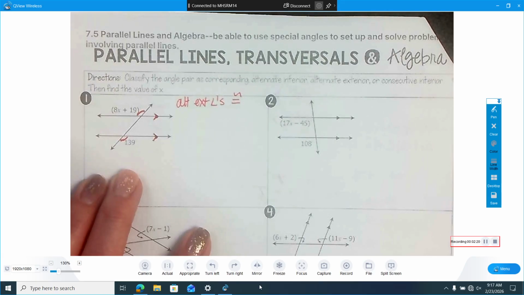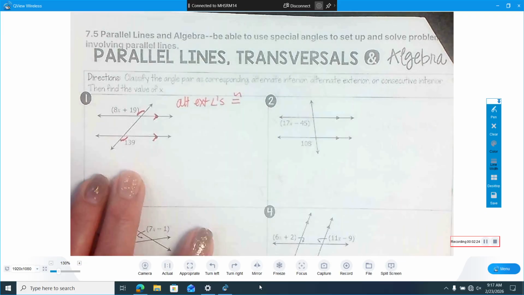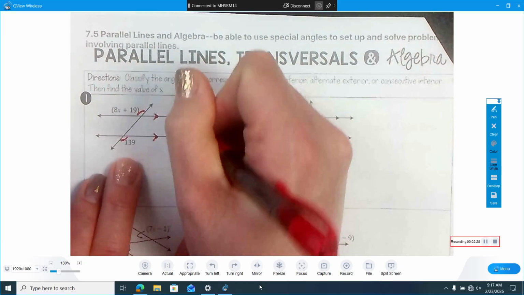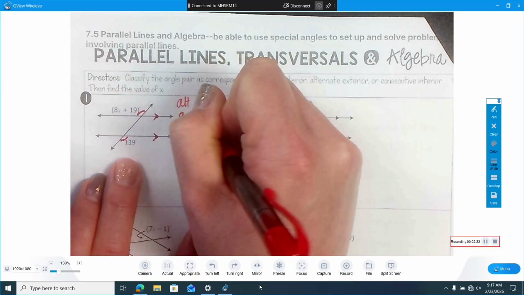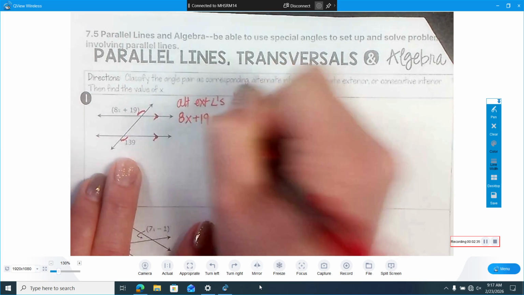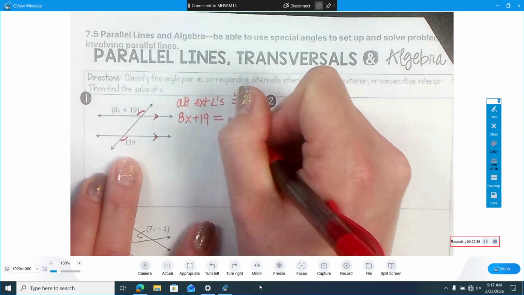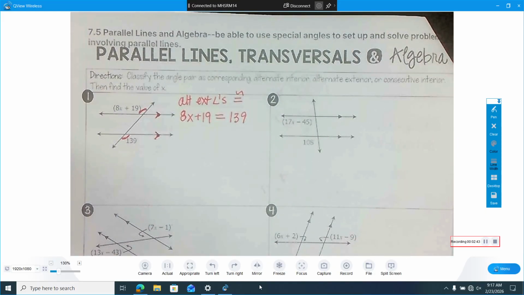So if you know that, we can write an equation. Congruent just means equal. So I'm going to set 8x plus 19 equal to 139. They are equal in measure.